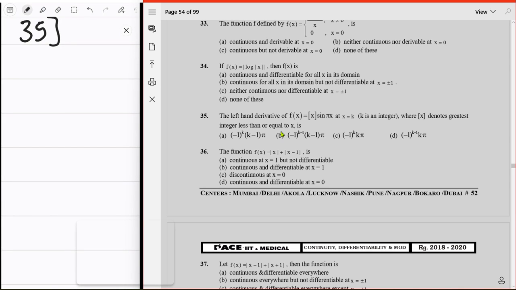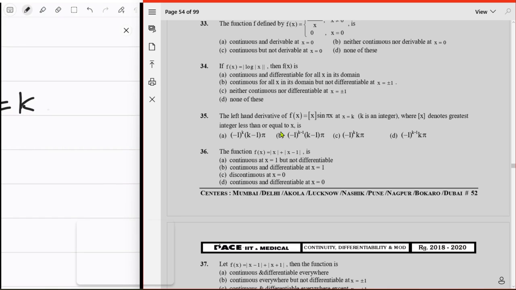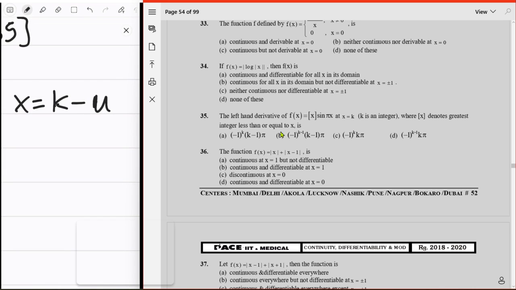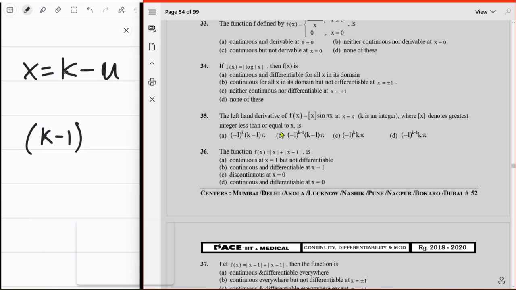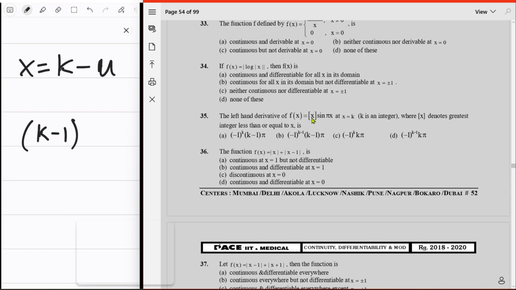So what we're doing is x is equal to k, which is an integer, minus, let's just say h. Okay, I'll just use something else, minus u, where u is a fraction. So this just becomes k minus 1, that's this part, and then sine of pi x.